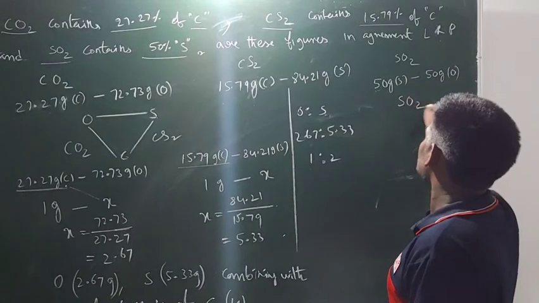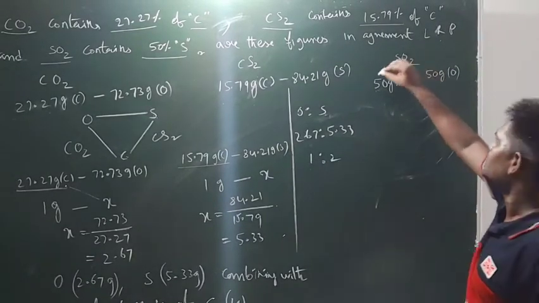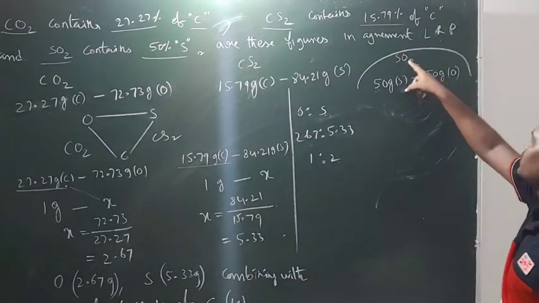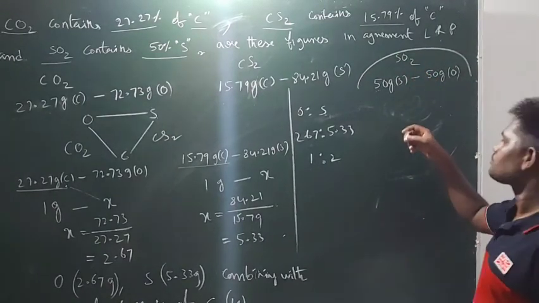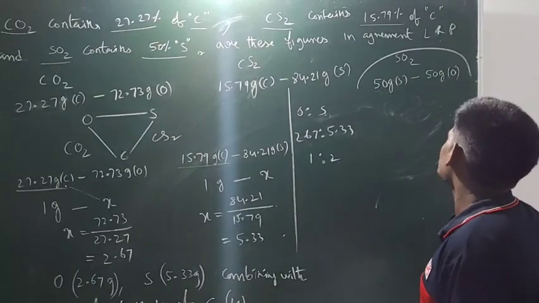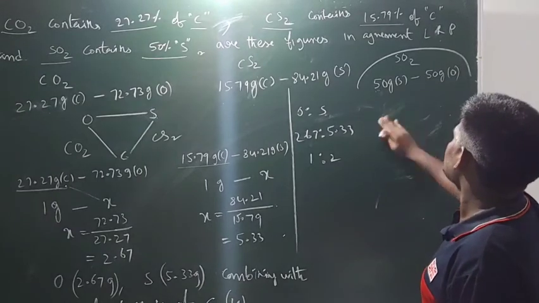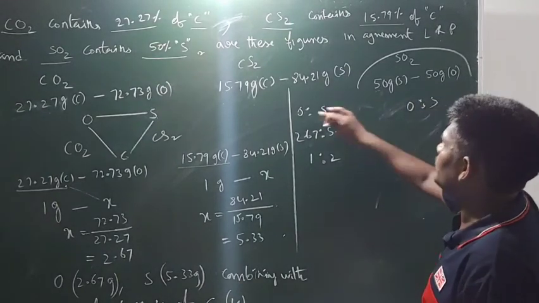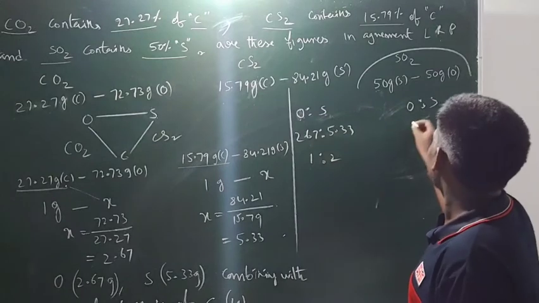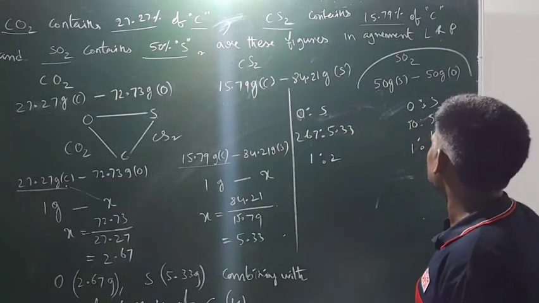In SO2, mass of the sulfur is 50 grams, mass of the oxygen is 50 grams. You take the ratio, oxygen to sulfur, so it will be 50:50, which equals 1:1.